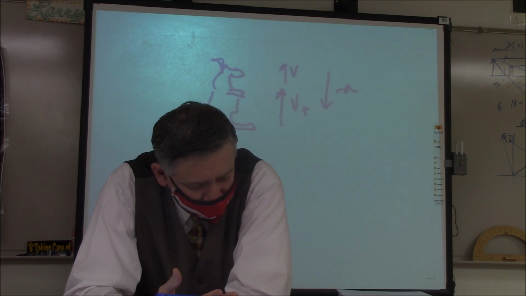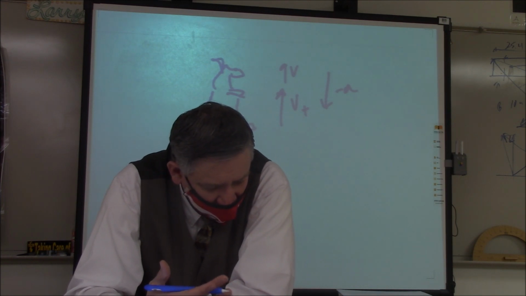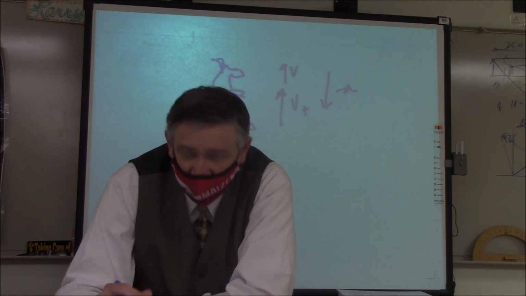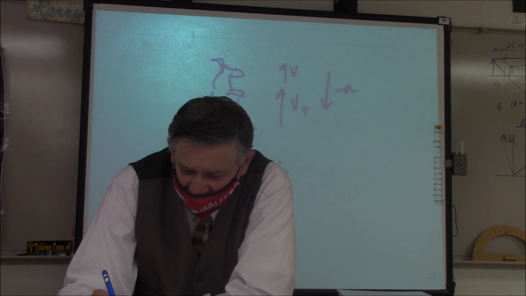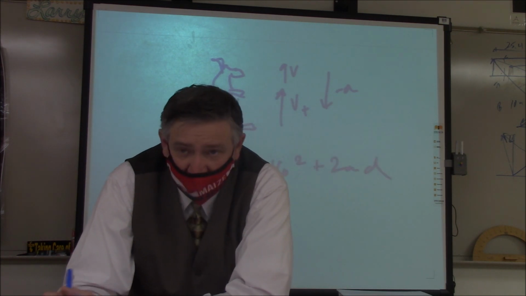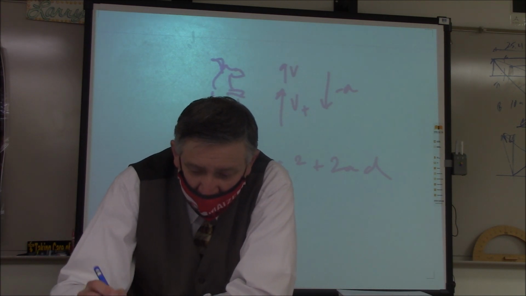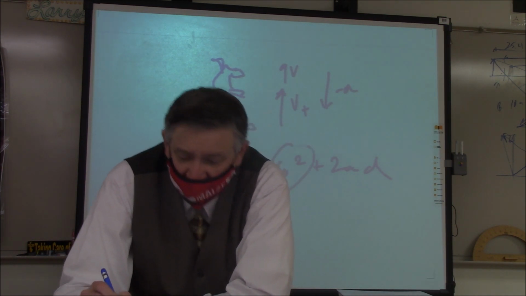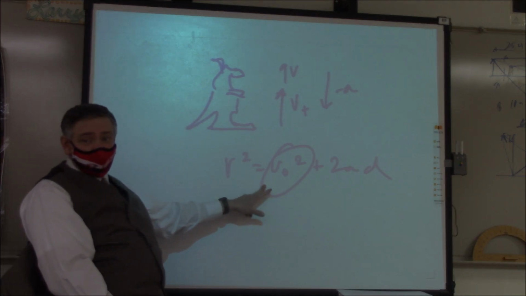Then you want to know, with what velocity did it leave the ground? You don't have time, so just go v squared equals v naught squared plus 2ad. Here's the whole key. You're searching for the initial velocity, the one that you don't know.